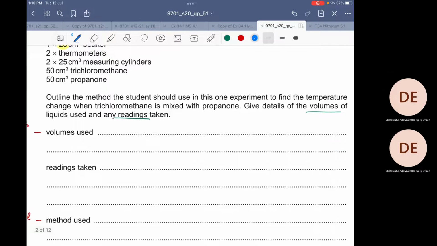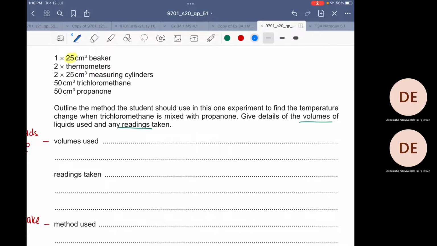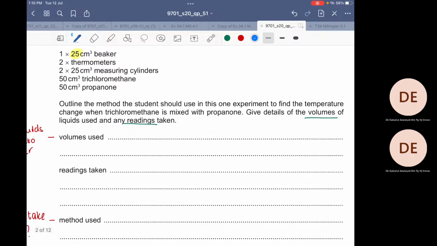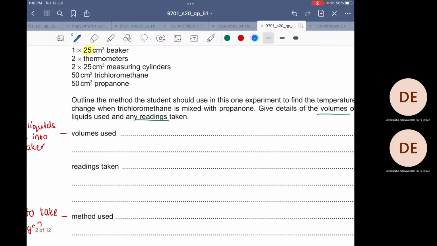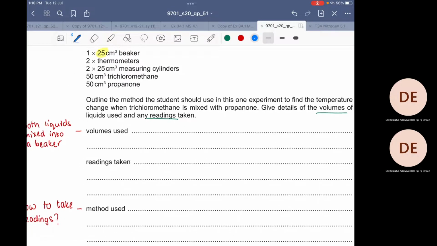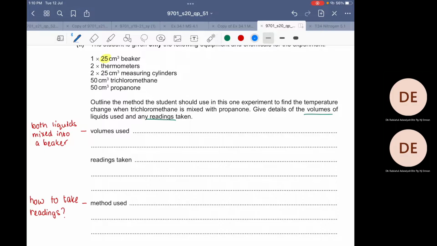Outline the method that the students should use in this one experiment to find the temperature change when trichloromethane is mixed with propanone. Give details of the volumes of liquid used and any readings taken. Okay, so volumes used. You want to mix equal amounts of the two reagents. And the total of these two reagents must not be over 25 centimeter cube, otherwise it will overflow.